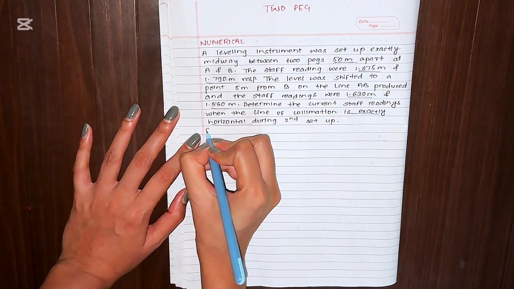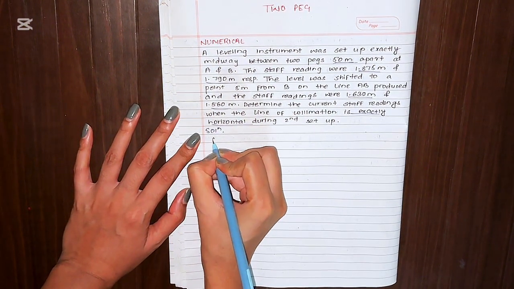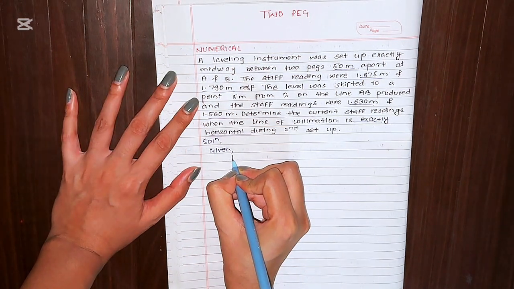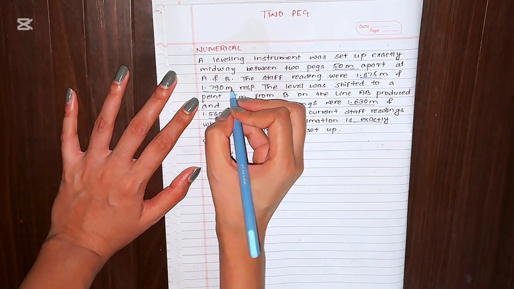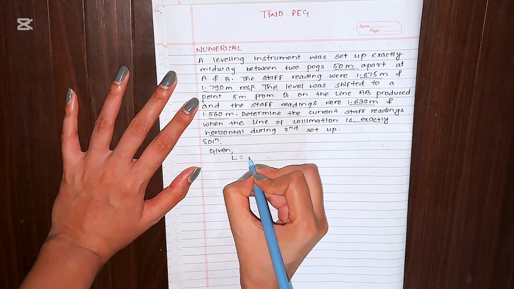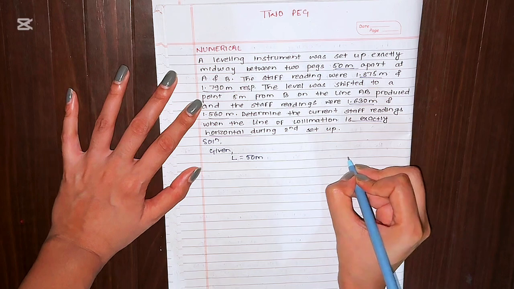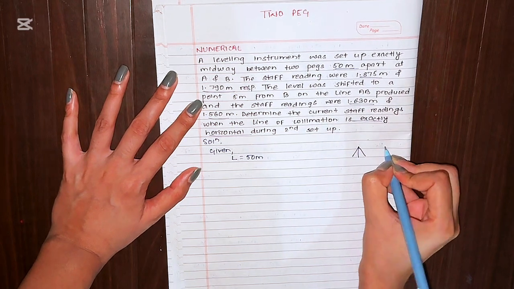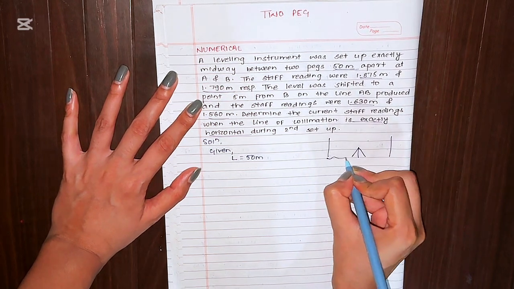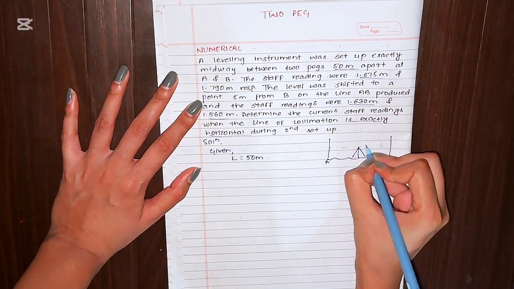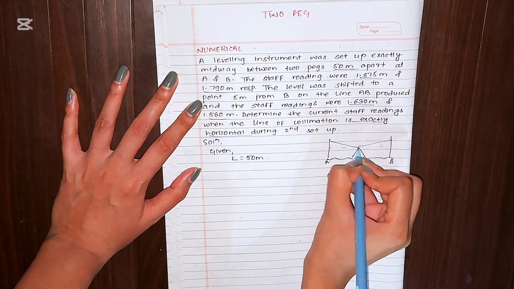Here is the solution. Given L is equal to the distance between the two staff readings at first, A and B, which is 50 meter. At first this is point C, and these are the two staff readings. This is A and this is B. These are the staff readings here.